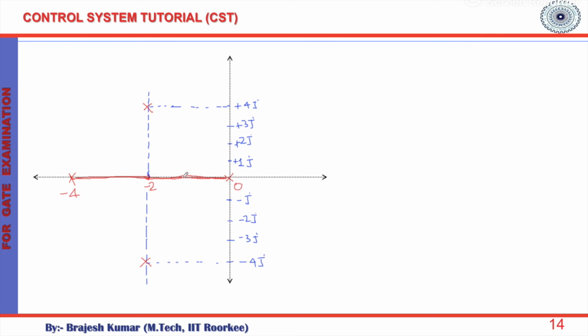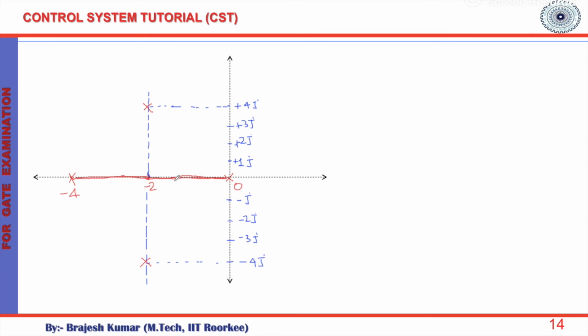For example, if p plus z is odd for this portion, then for that portion the value odd plus 2 will also be odd. Here it was 1 and here it is 1 plus 2, equal to 3. So once again it will remain odd. So there is no need to consider complex poles or complex zeros while deciding the portion of the real axis which lies on the root locus. We just need to see real poles and real zeros. Accordingly we'll have this portion.